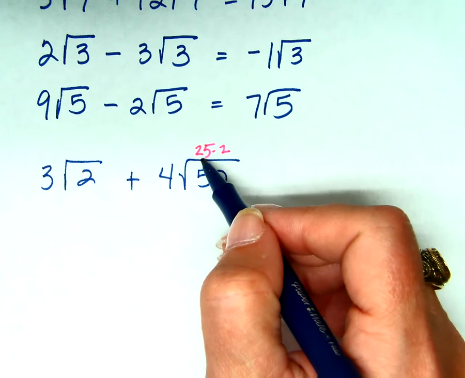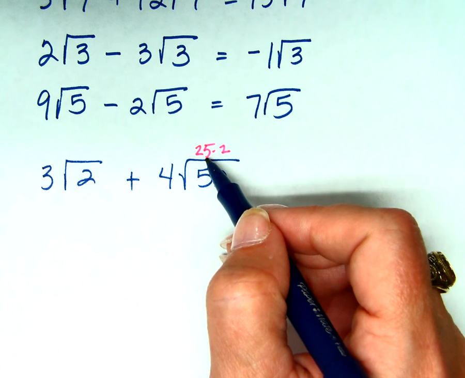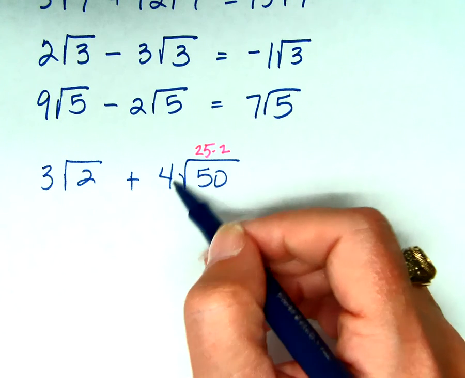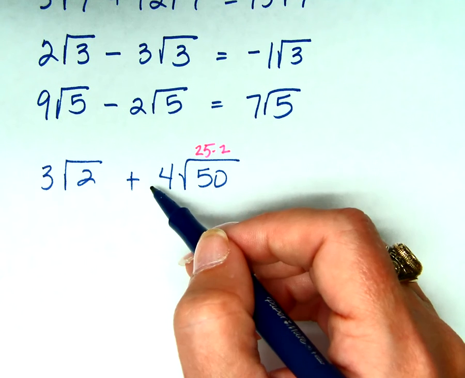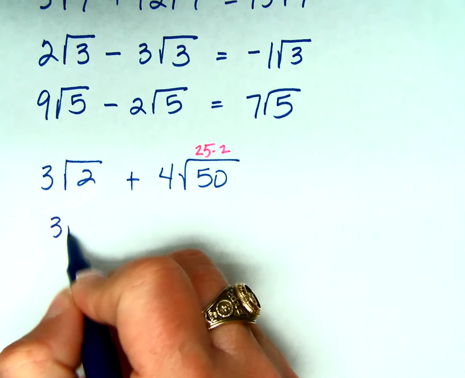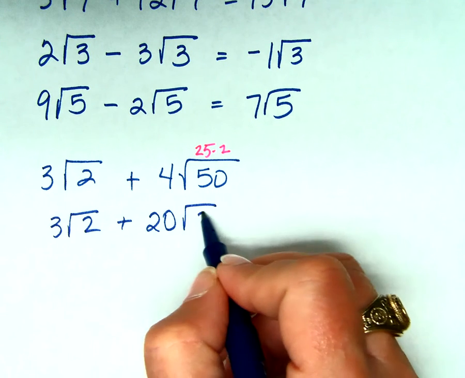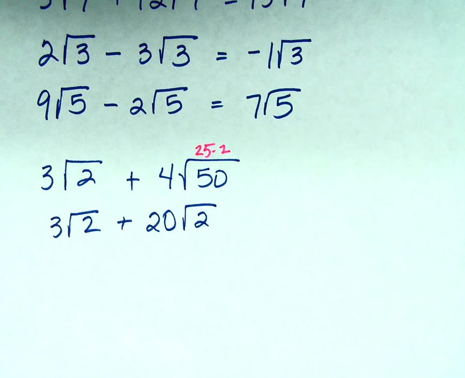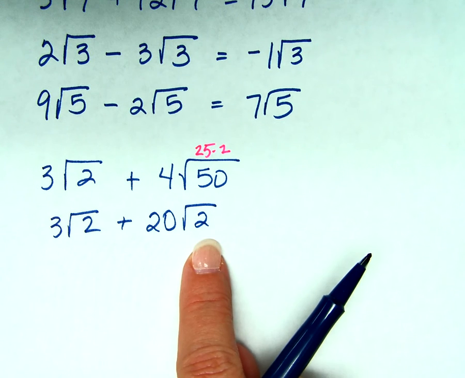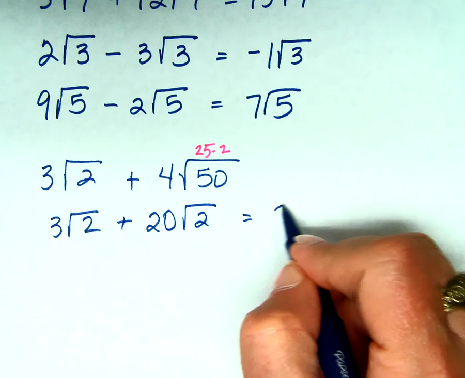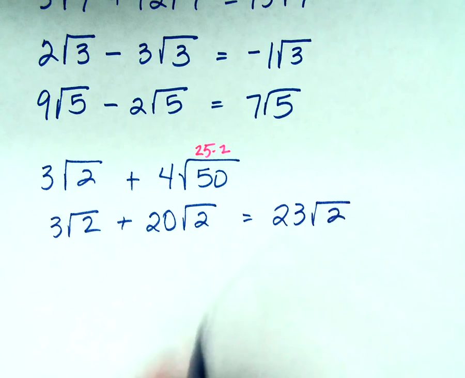What's the square root of 25? 5, right? When I pull that 5 out, I have a 5 times the 4. What is 5 times 4? 20 square roots of 2. Is this a problem I can do now? What is it? 23 square roots of 2.